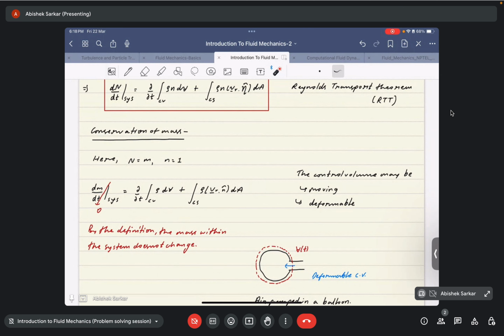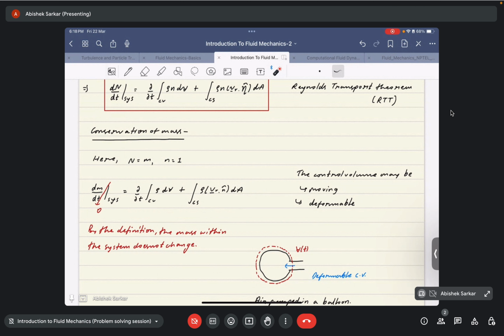That's basically the canonical form of the conservation of mass that we will use for our different fluid flow problems, and we will see how we can simplify these integrals accordingly by taking the concerned assumptions for a particular problem.